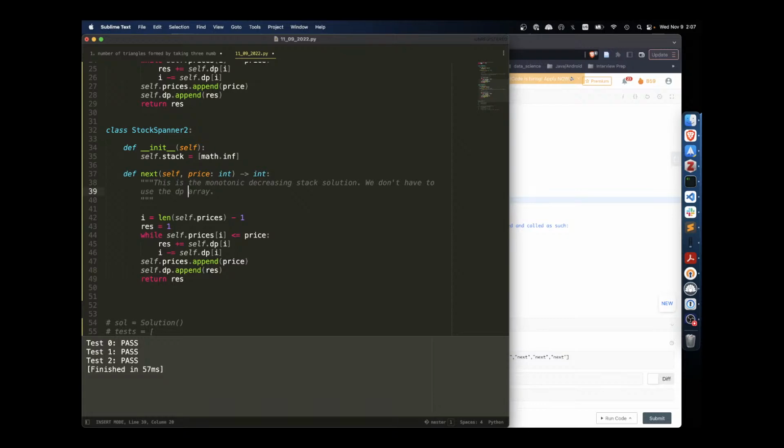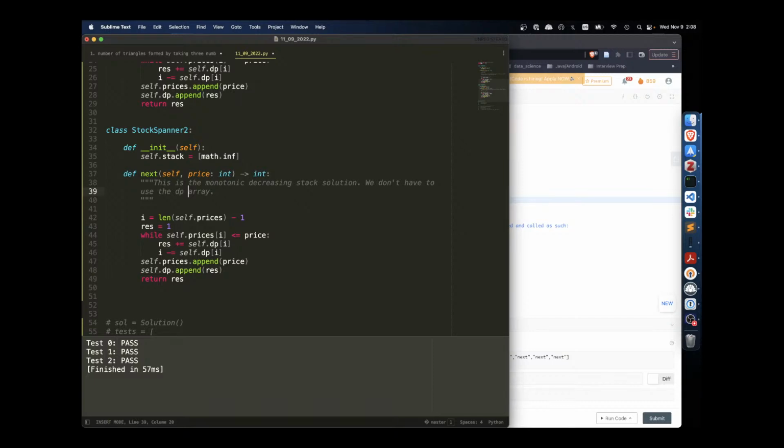Every time somebody comes in, I will pop. But I still need to keep count, right? Which one is the first, which one is the next, you have to count. While this is bigger than this, we just pop until I cannot pop.